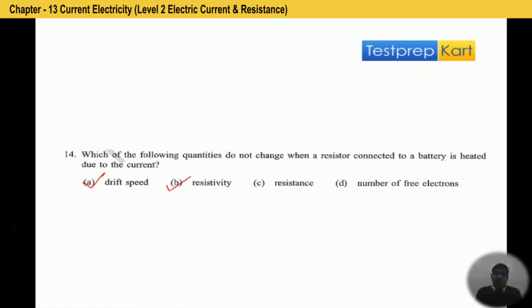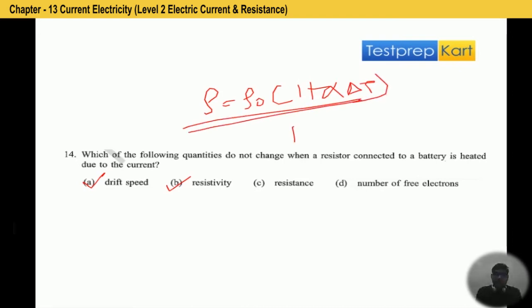Resistivity is also a temperature dependent quantity, that is rho naught (1 plus alpha delta T), and resistance is also proportional to resistivity, so it will also change. But here we have to find out which do not change.